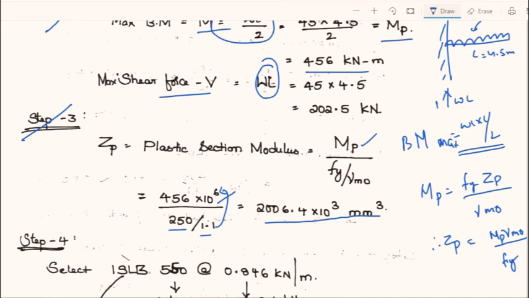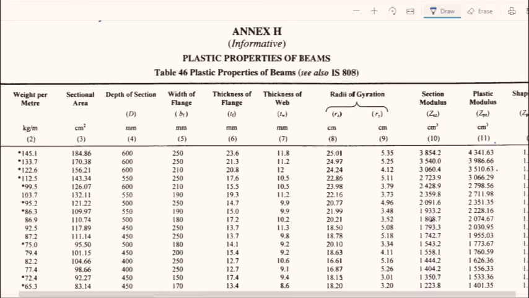Of course, you can go for any section, any kind, lightweight, medium weight, or high weight beam. Let me choose from the table. So remember, the ZP value is around 2006. So I need to select a section whose plastic modulus ZP value is greater than 2000. So let me check this out. This is 1955.